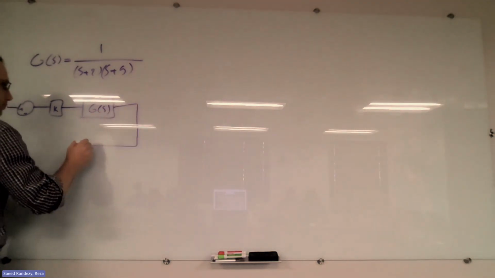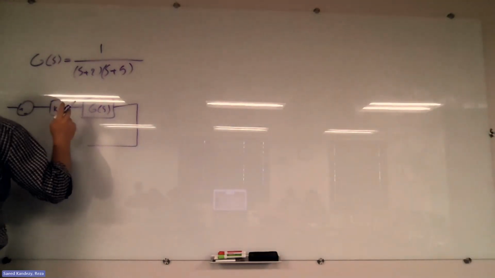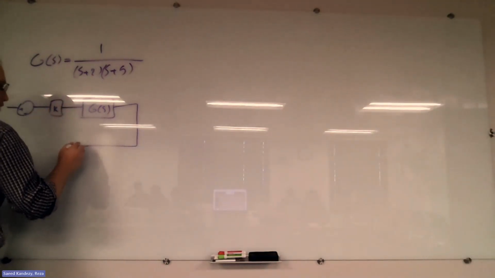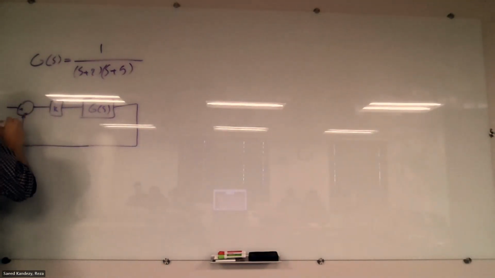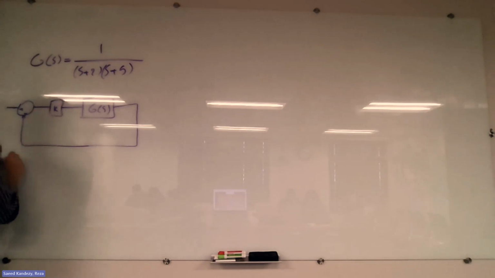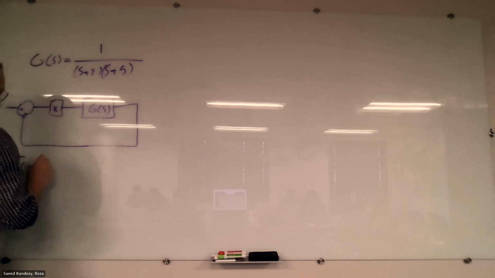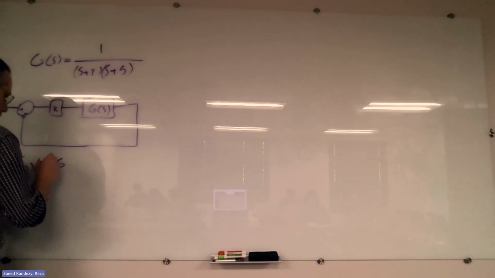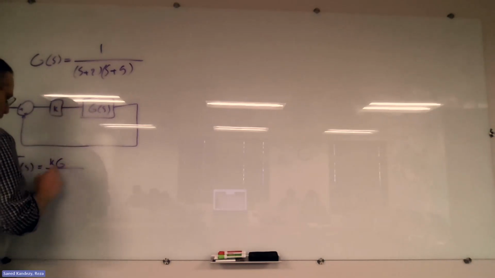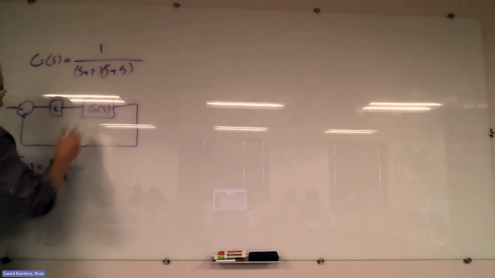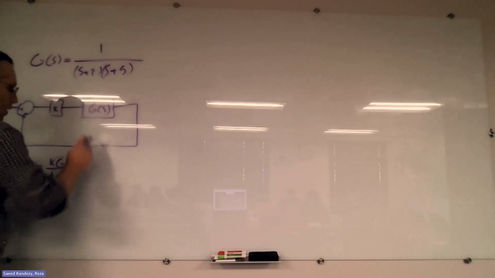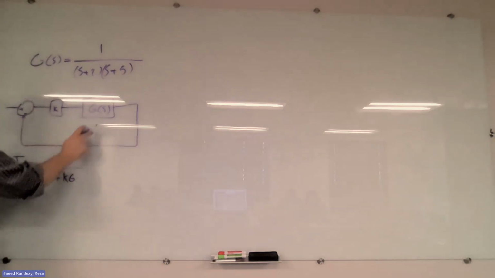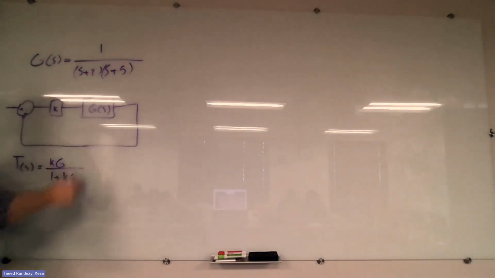open loop function. In this example, we are going to consider a unity feedback, and the general transfer function of our feedback loop is going to be the forward pass over 1 plus forward pass times feedback loop pass, which here is 1.